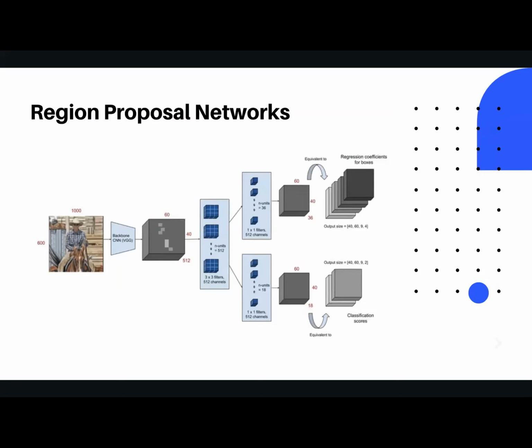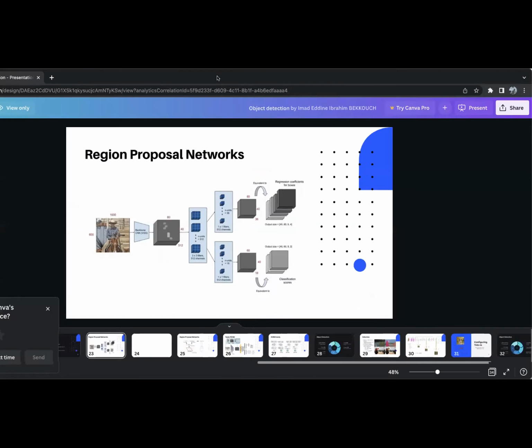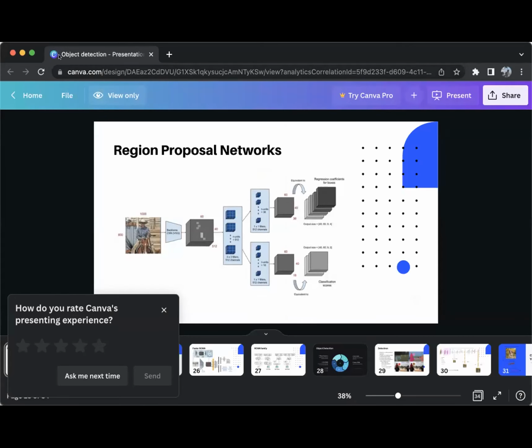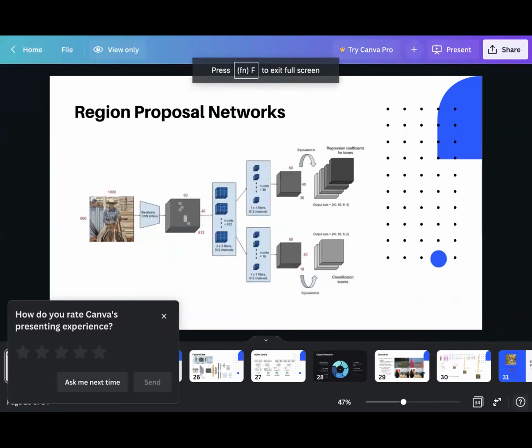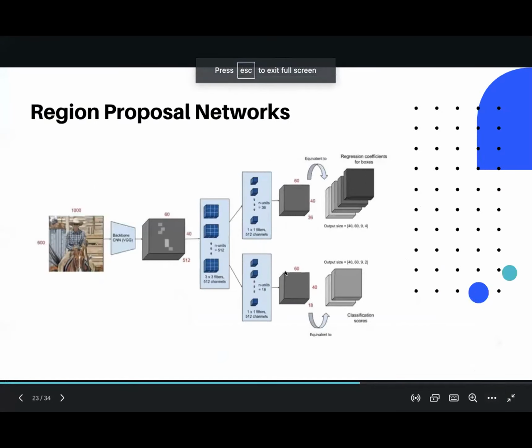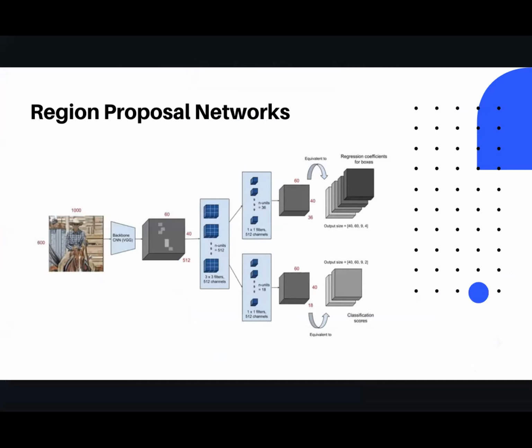Let me take a drawing. Yeah, a drawing would be much better for this one too. So the operation that is happening here is exactly similar to that first algorithm we proposed at the start of the lecture, the sliding classifier.